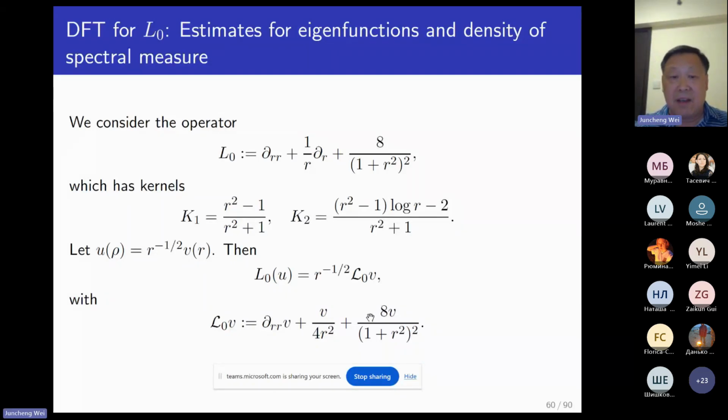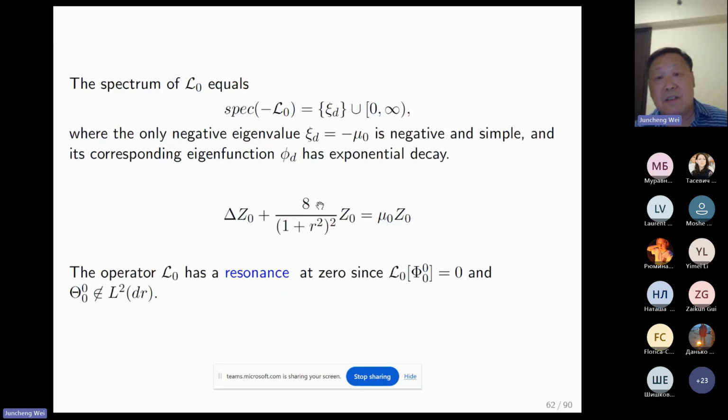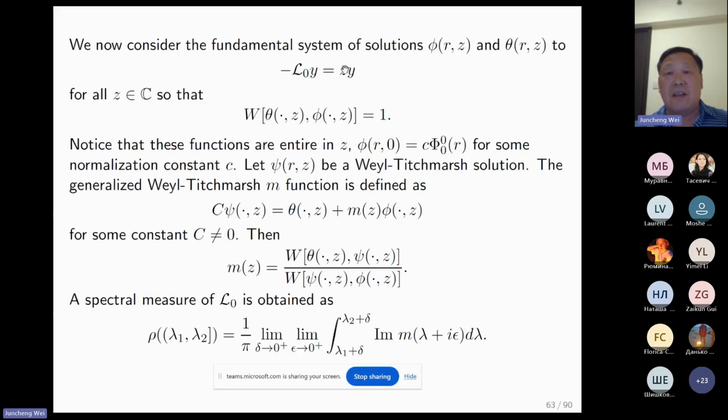Now we can define the spectrum measure. We have the unstable modes. So what we need is to find the fundamental solution, and then you can compute the so-called spectrum measure.